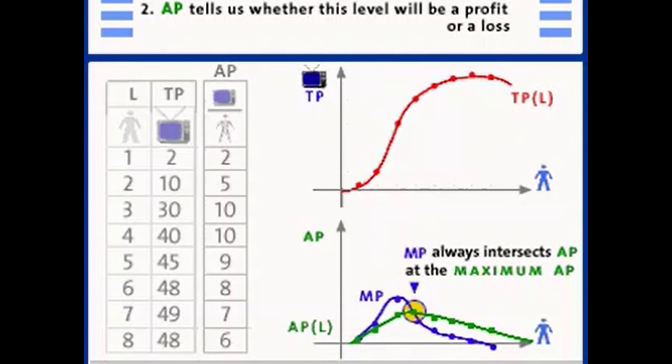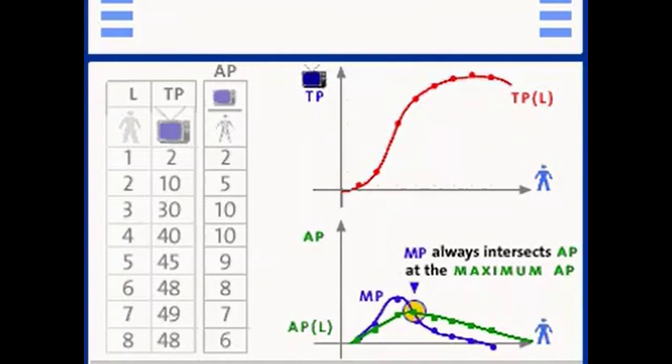Well, that then completes our set of product curves. We've now done as much as we can to explain the technology of a firm in the short run. What we've done here is we've described the possibilities of a television factory that produces television sets using labor and some other fixed inputs. The firm can increase its output in the short run, but it can only do so by adding more labor.